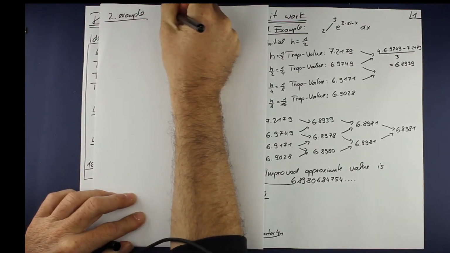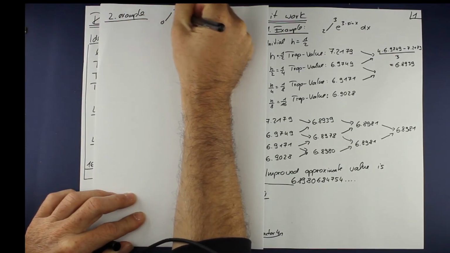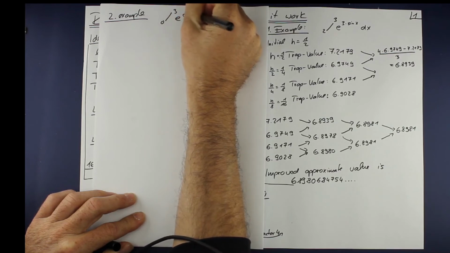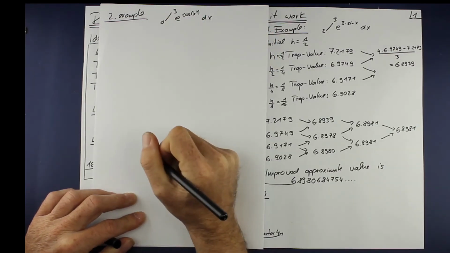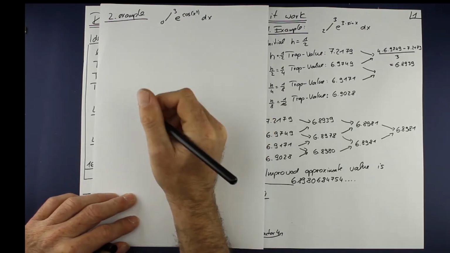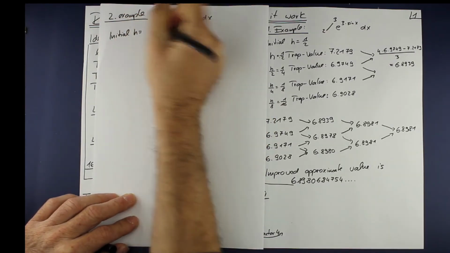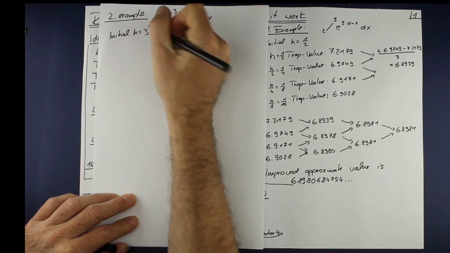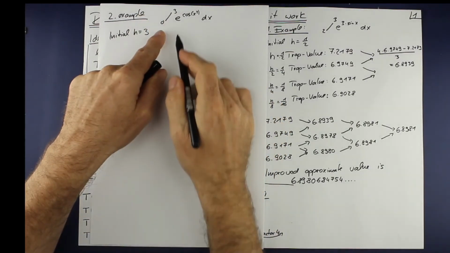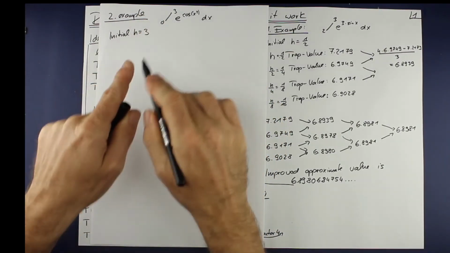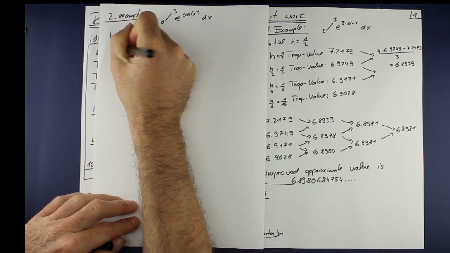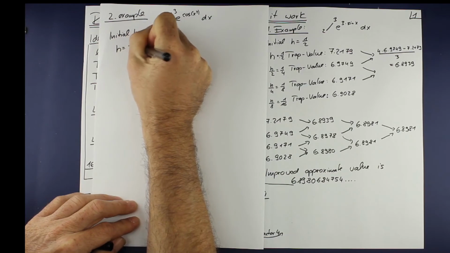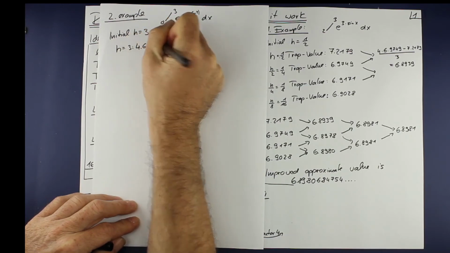Okay, so now a second example, which is also very interesting. Let's work with that integral, e to the power of cosine x squared. This is some complicated function. And now let's choose an initial h. Let's choose the interval length 3, so we evaluate only at position 0 and 3, and then the trapezoidal value, and then we get the value 4.6805.